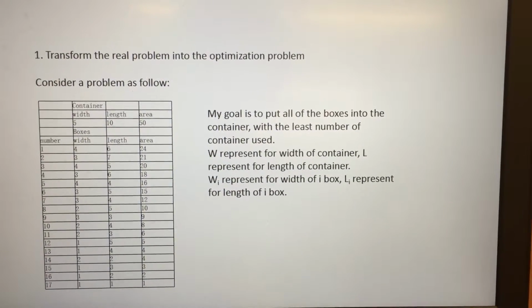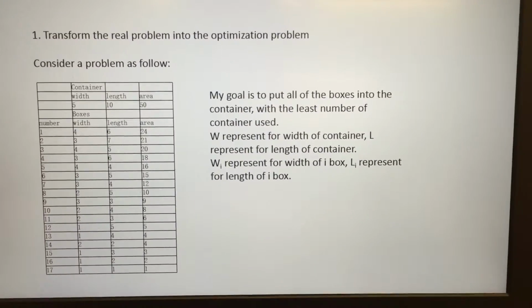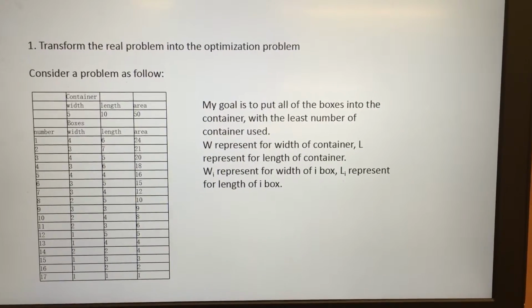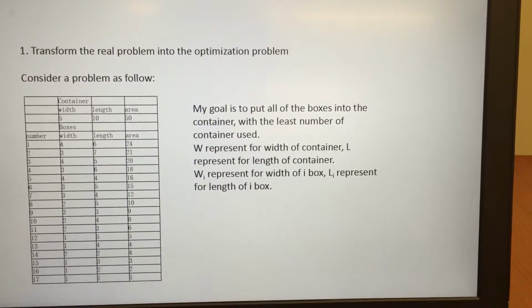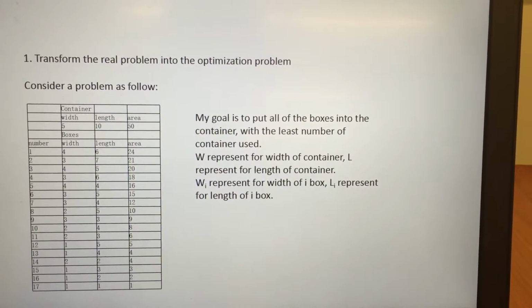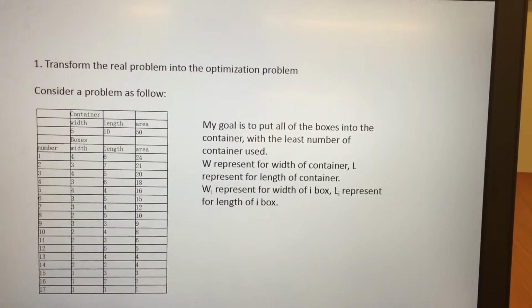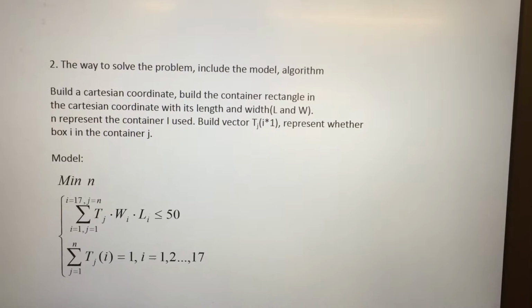And here is some notation I will use in my model. W represents the width of the container, and L represents the length of the container. Wi represents the width of box i, and Li represents the length of box i. And here is my model.